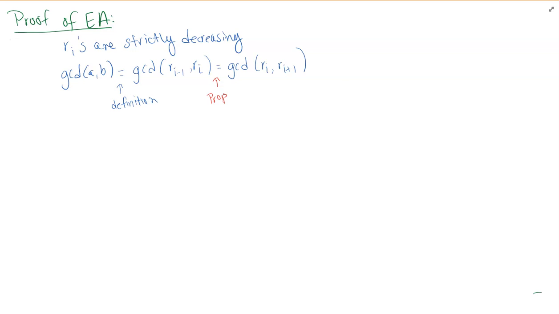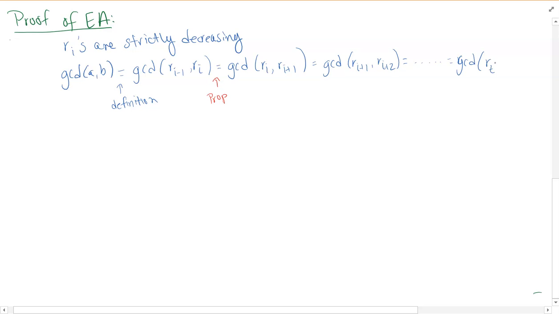Then this extends to the GCD of R_{i+1} and R_{i+2}, and so on and so forth, by the same proposition, until eventually we get to the GCD of, say, q_t and R_t, the last step.